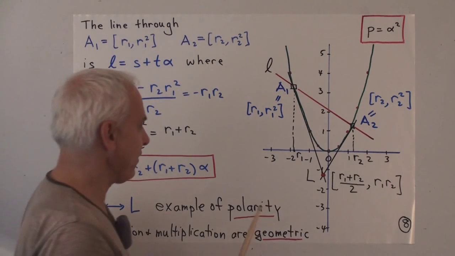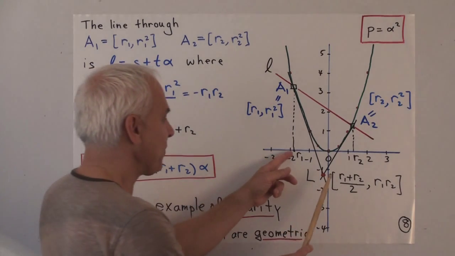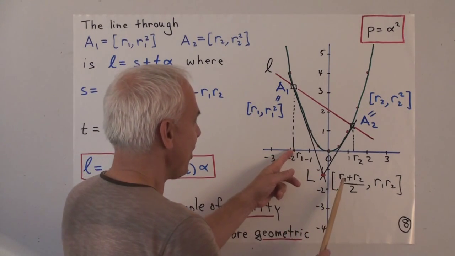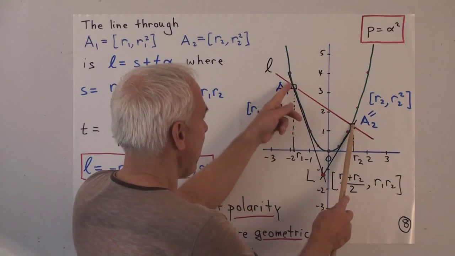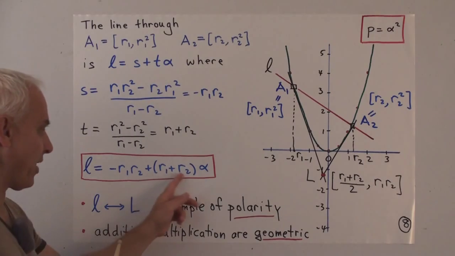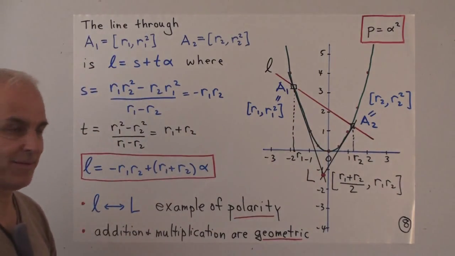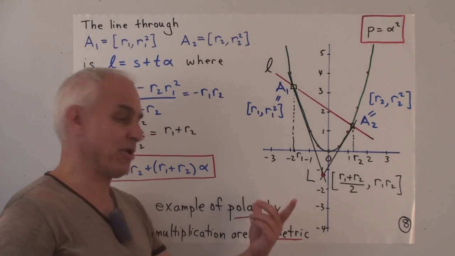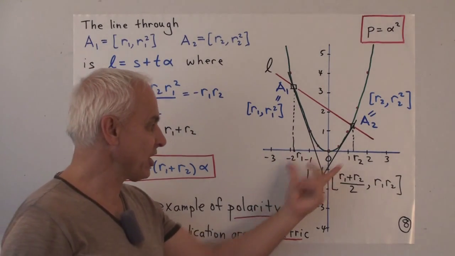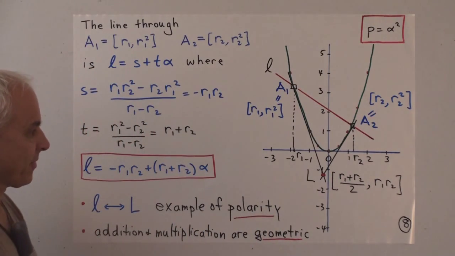One way of getting that sum, r1 plus r2, would be to take the points on the parabola, draw this line, and look at its slope. We know that r1 plus r2 is the slope of this line. So the addition, it's maybe a curious way of thinking about it, can be done geometrically if you can read off the slope.